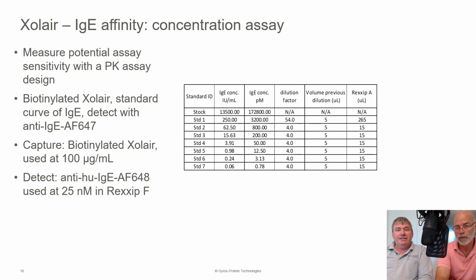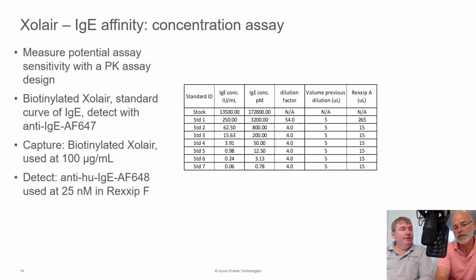And we've run an extended curve. We then run the IgE concentrations using the biotinylated Zone layer for capture, and then detection with anti-human IgE. So this will be used to determine the fixed concentration, and then we'll go through how we've done that and the data that has been generated.